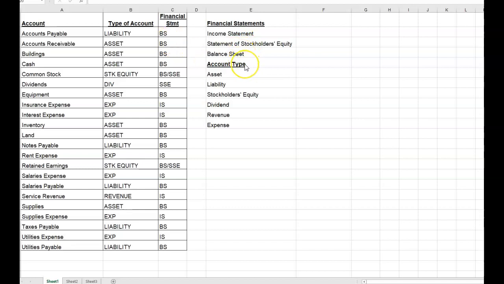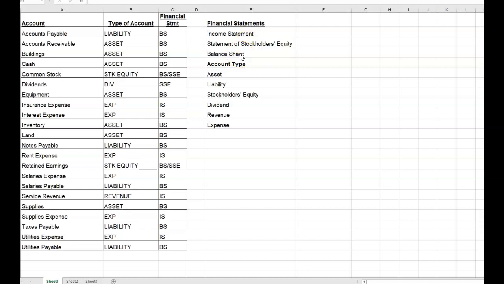So let's talk about what types of accounts go on which financial statements. An income statement always has just revenues and expenses. It's fairly simple. A statement of stockholders' equity has a couple of different types of accounts in it, and we'll talk about those as we go through this.